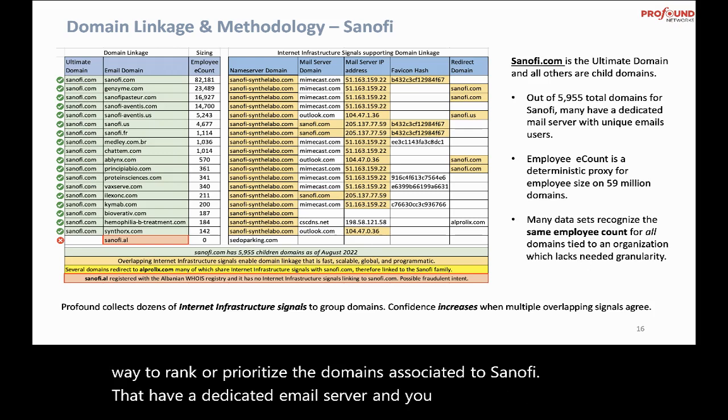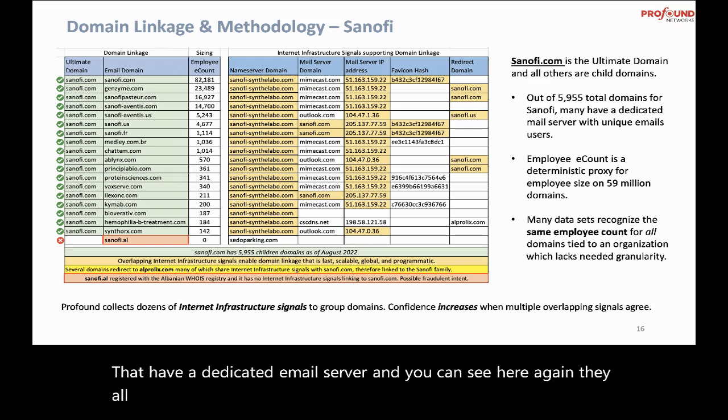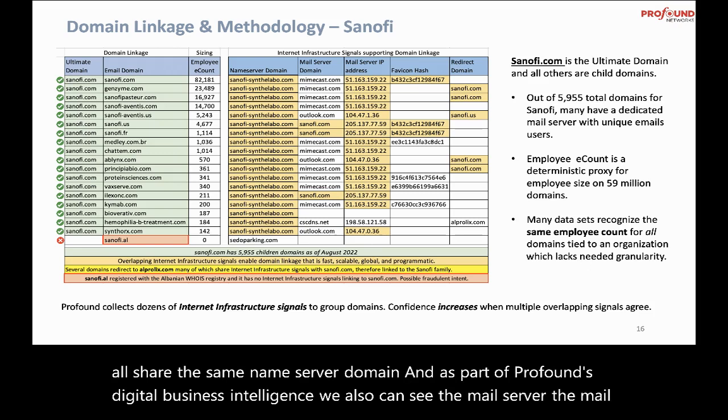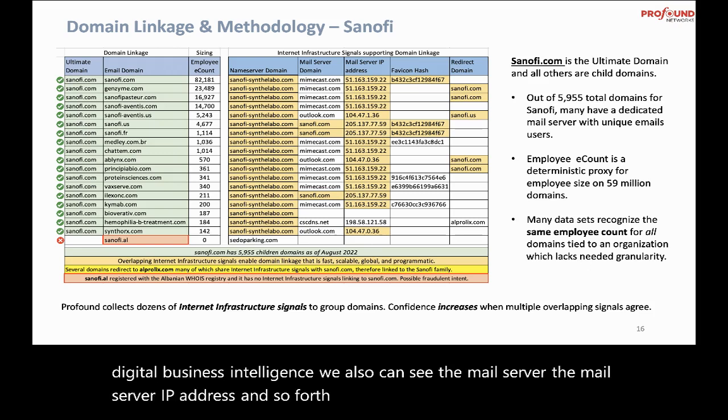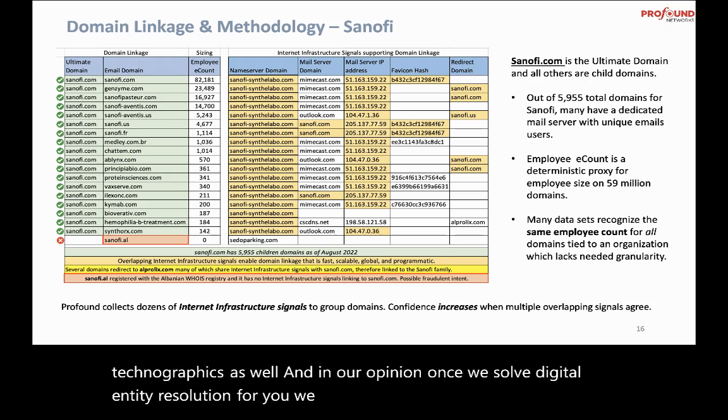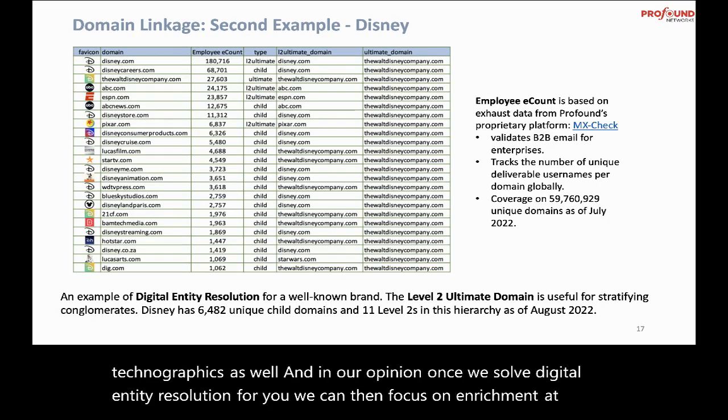And you can see here, again, they all share the same name server domain. And as part of Profound's digital business intelligence, we also can see the mail server IP address, and so forth. So Profound is focused on rich technographics as well. And in our opinion, once we solve digital entity resolution for you, we can then focus on enrichment at scale.